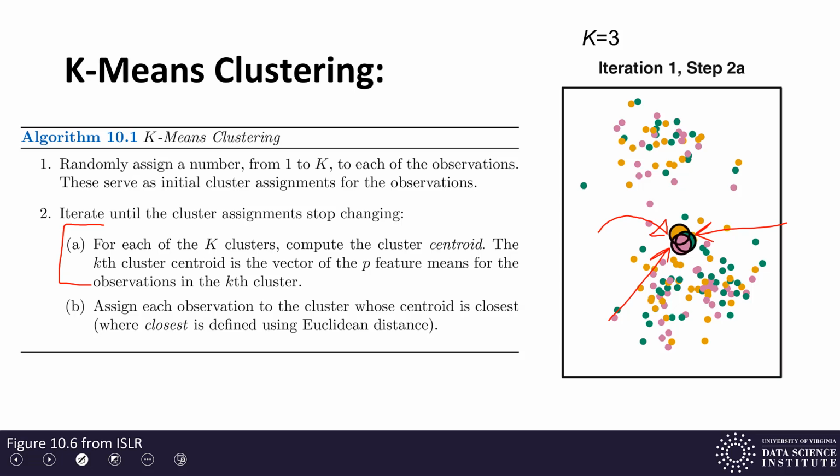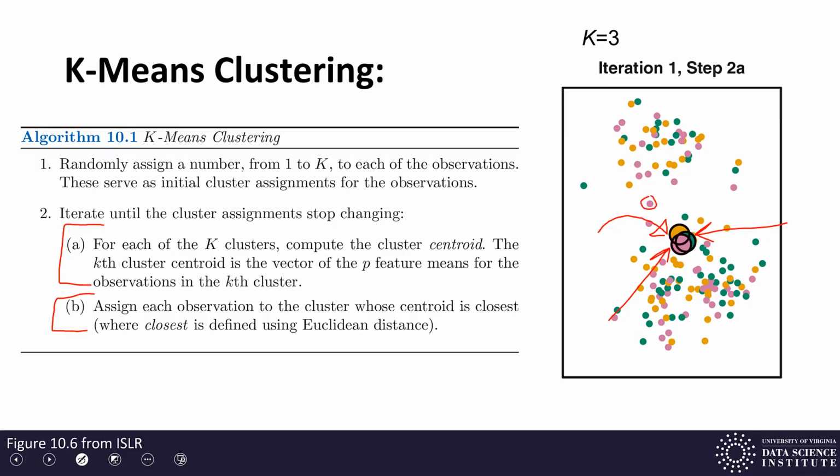Let's think about the next step before we step forward into it, so we can see what we would expect. Step 2b: assign each observation to the cluster whose centroid is closest to it. Let's think about the orange centroid, shown in this large circle. It's the mean of all the initial orange points.